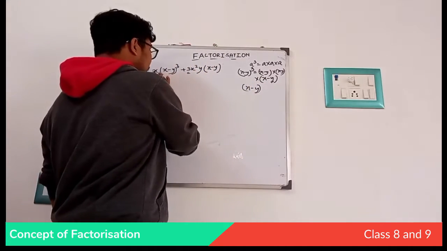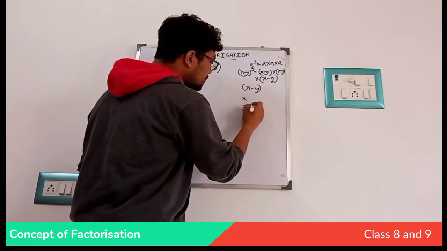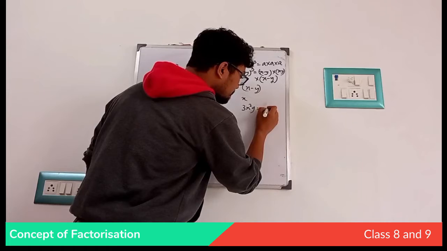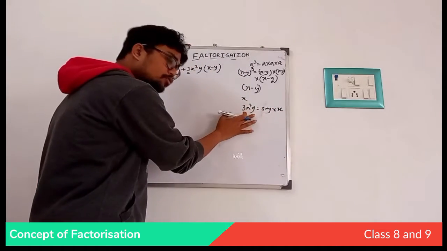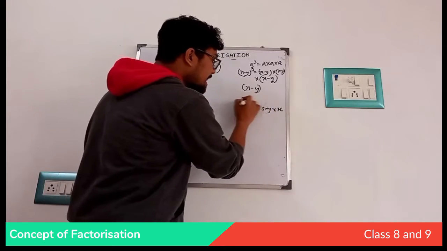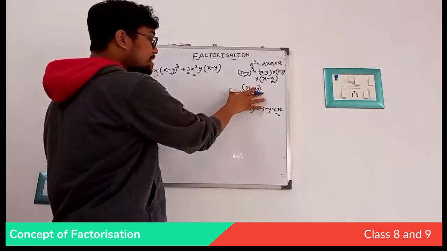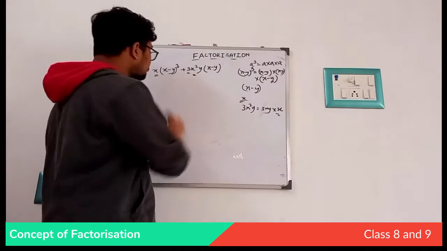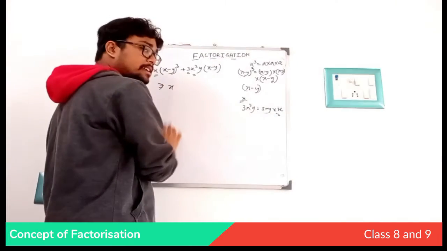And if x is present here, then this 3x square y can be written as 3 into x into y into x. So x is a common part, and (x minus y) is a common part between this and this term. So what are the common parts? x and (x minus y).